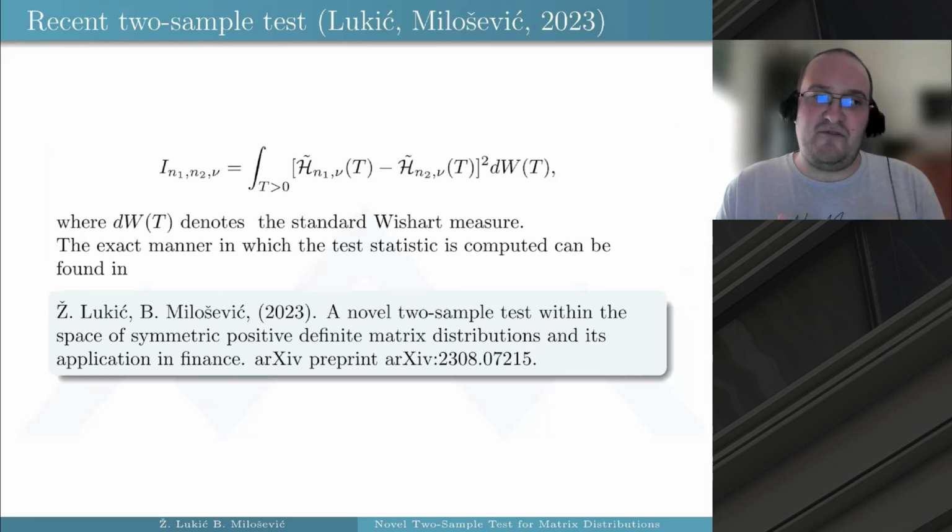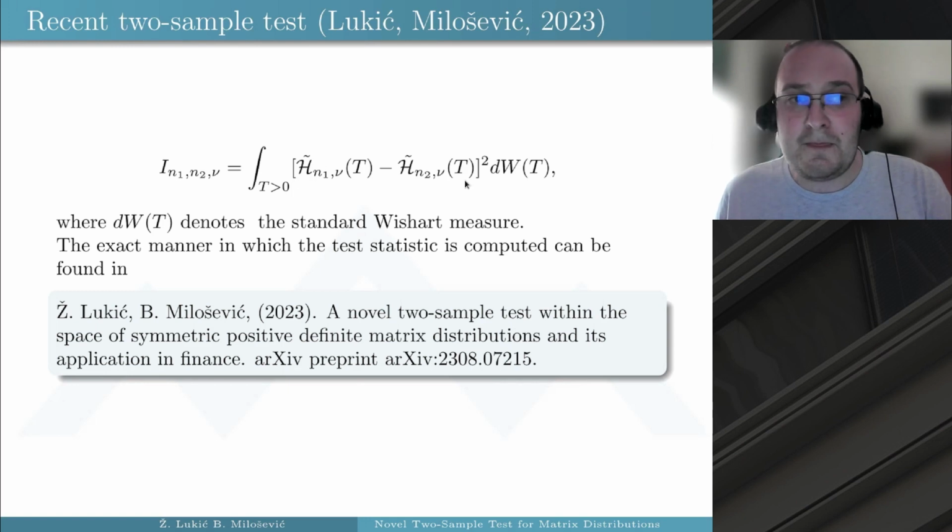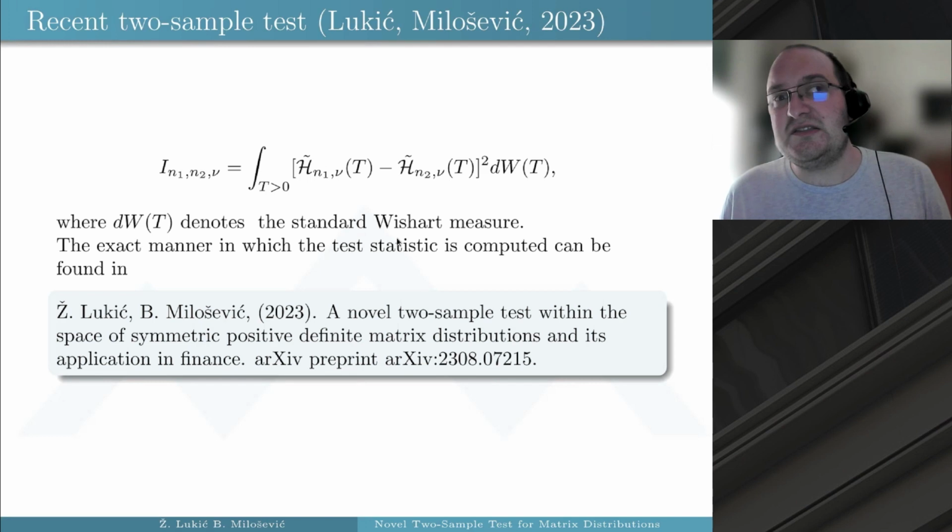Also, earlier this year we provided a novel two-sample matrix test, which is basically the squared integrated difference between two empirical orthogonal Hankel transforms with respect to the Wishart measure. I'm not going to go into detail on how this statistic is computed, but you can find it in this arXiv paper.